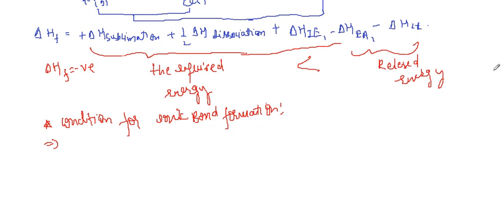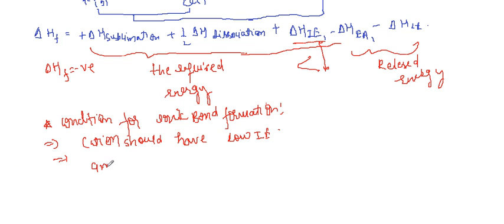For that, the cation should have low ionization energy, and what else? The atom forming the anion should have high electron affinity.